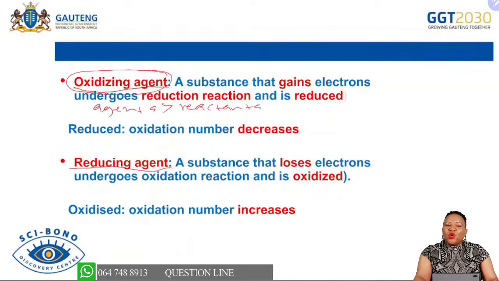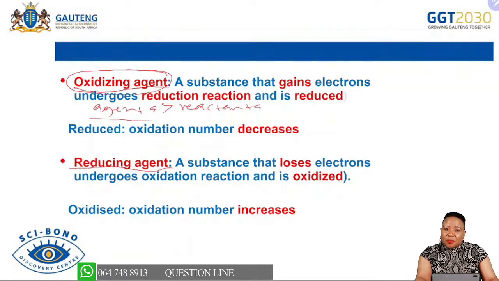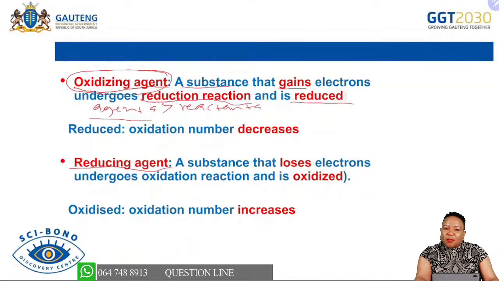However, because it's an agent that causes oxidation, it will not undergo oxidation. So it means it will make the other substance that is reacting with it, or the other agent, undergo oxidation. So what is it? An oxidizing agent is a substance that gains electrons and will undergo reduction and is the substance that will be reduced.